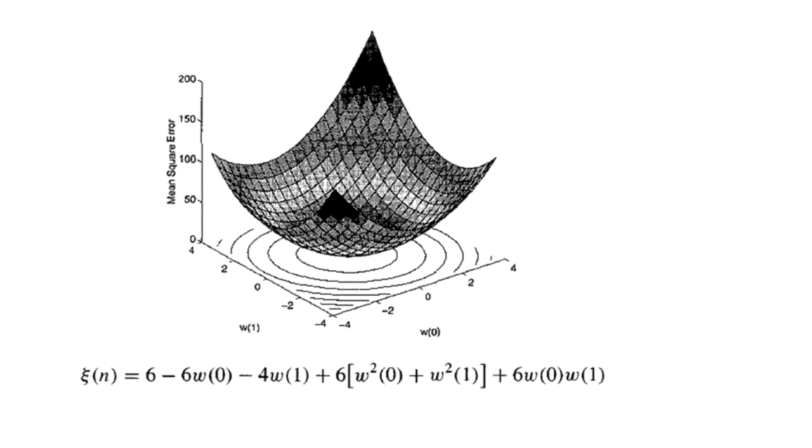Now, the contours of constant error that we are focusing on, when projected onto the w of 0, w of 1 plane, form a set of concentric ellipses, which we are going to show with the help of an illustration.